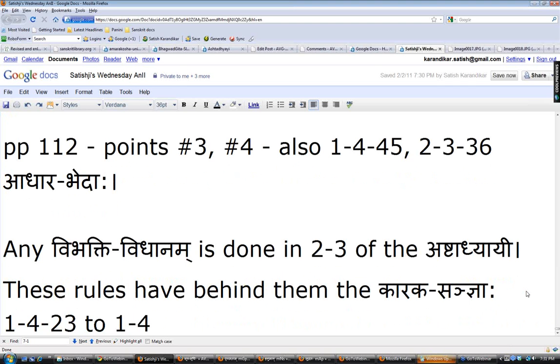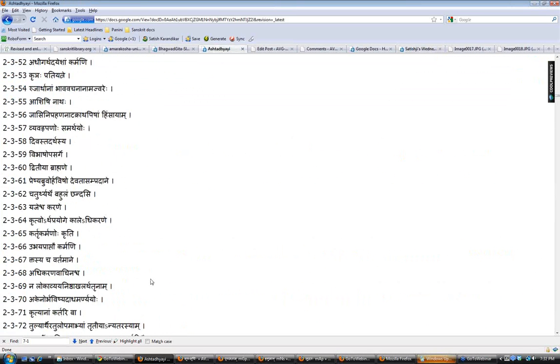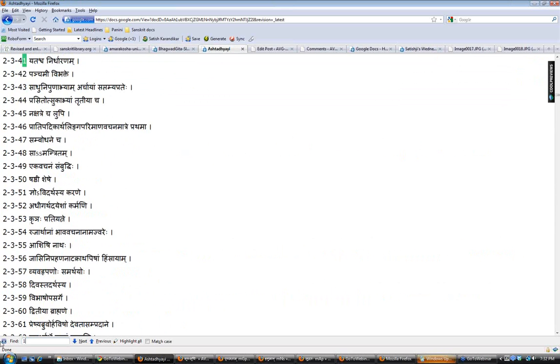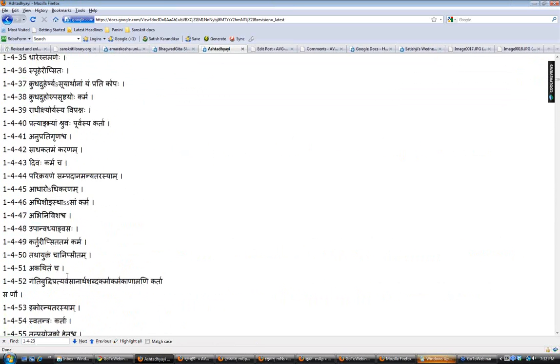So you can keep this as a template for any vibhakti, which is in almost every sentence of the language. You have to just use this technique. The good news is that these are short padas, not very long. 2-3 has only 73 sutras, I think. And then 1-4, as I told you, only about 30 odd rules from 1-4-23 up to 1-4-55.